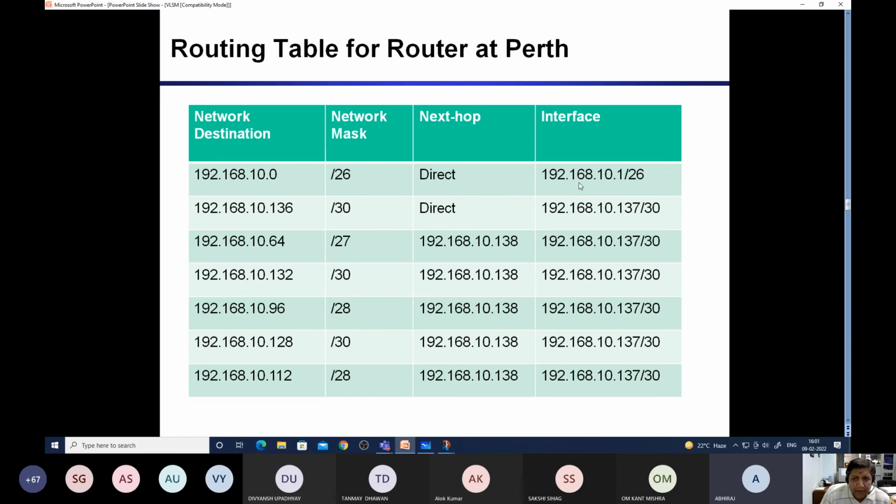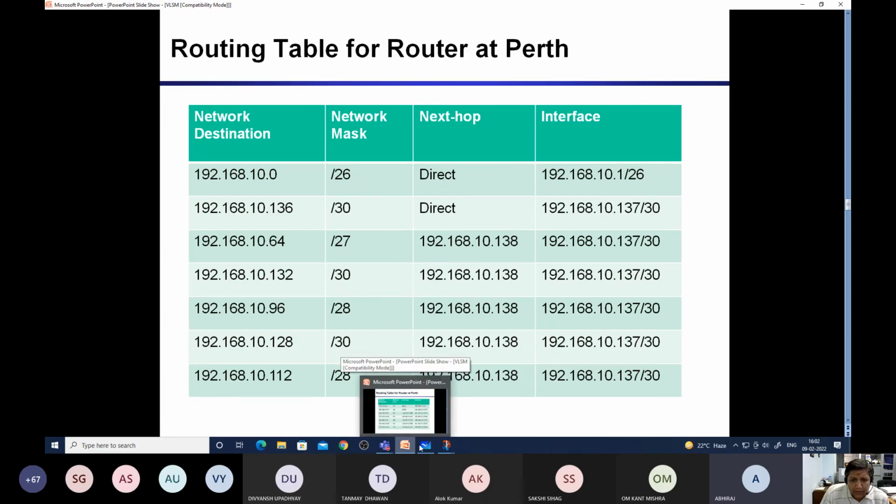So you can write the name of the interface: for serial, S0, S1; for Ethernet, Eth1, Eth2. In this figure, I have written the IP addresses. If you want to go to 10.0, it is directly connected, but which interface should you throw the packet out of?